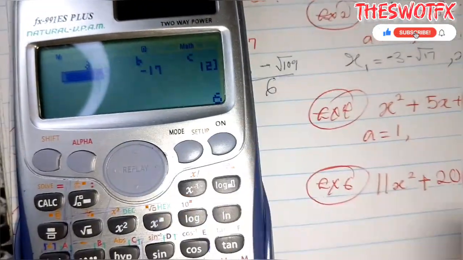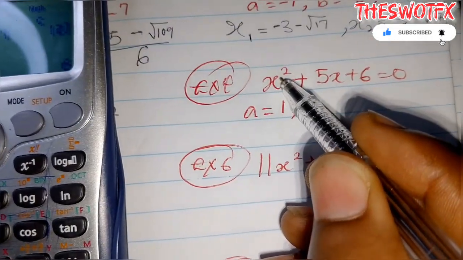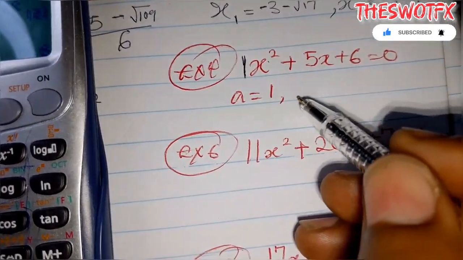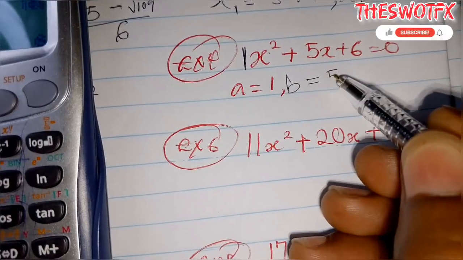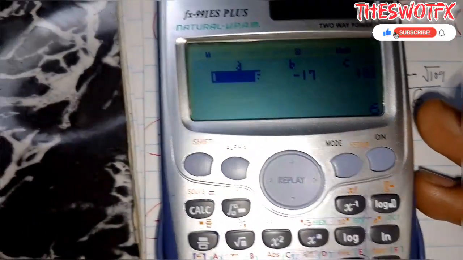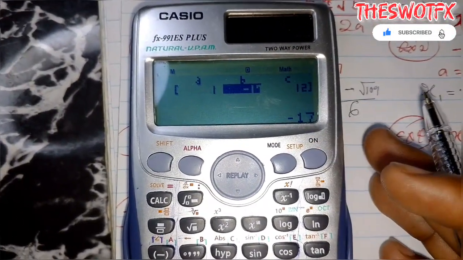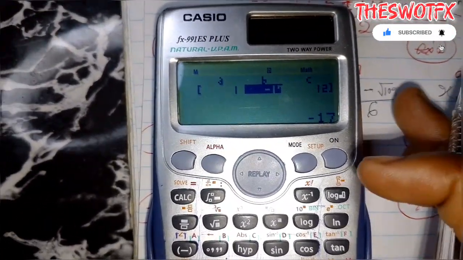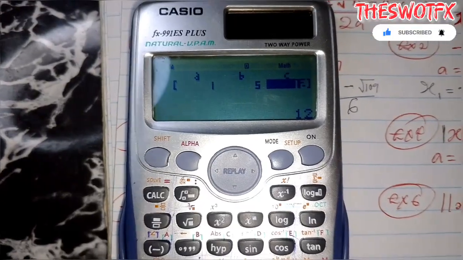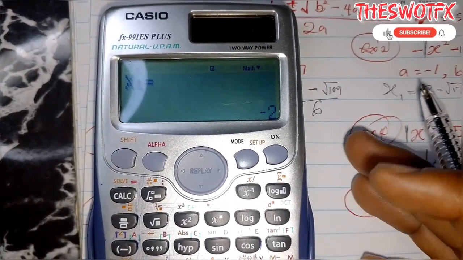So let's go to the next question, number 4. Our A here is 1, our B here is 5, and our C here is 6. Okay, so let's do that quickly. A is 1, B is 5, C is 6, then press equals to again.